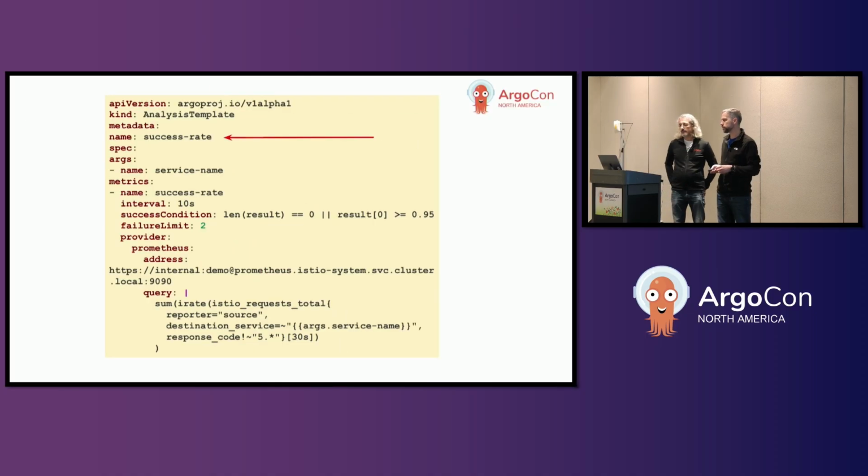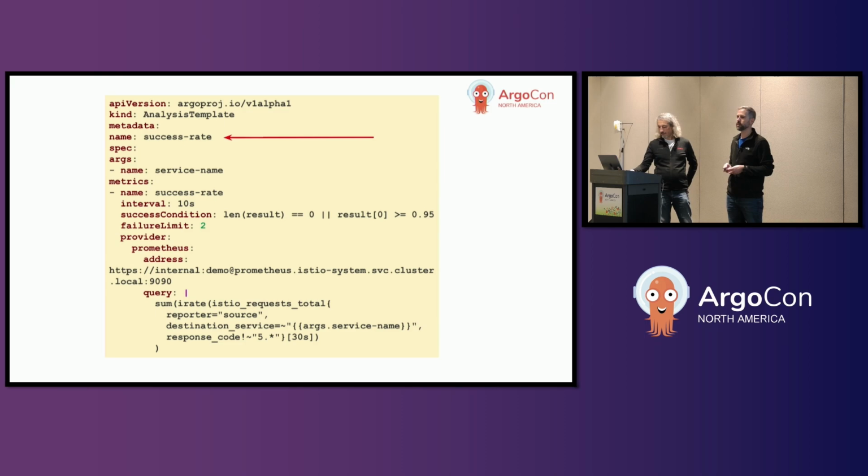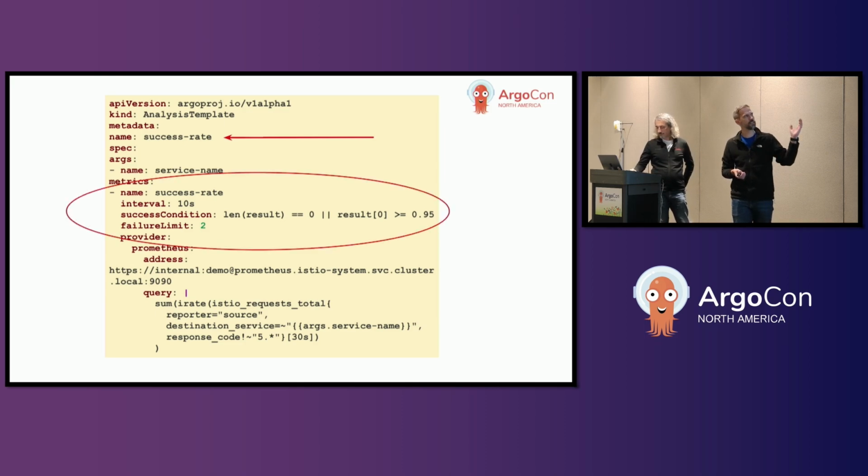In the analysis template that we've previously been showing, we were using Prometheus, but you can use many tools. In our case, we had a template where we called Prometheus, and we looked at some metrics. We created a success condition that said if not more than 95% is successful, then roll back.